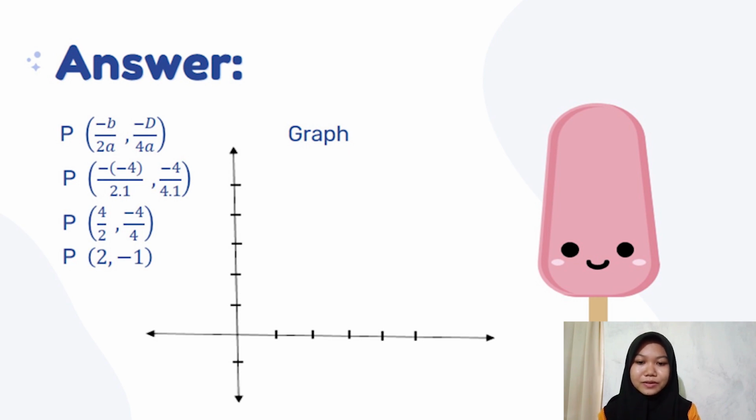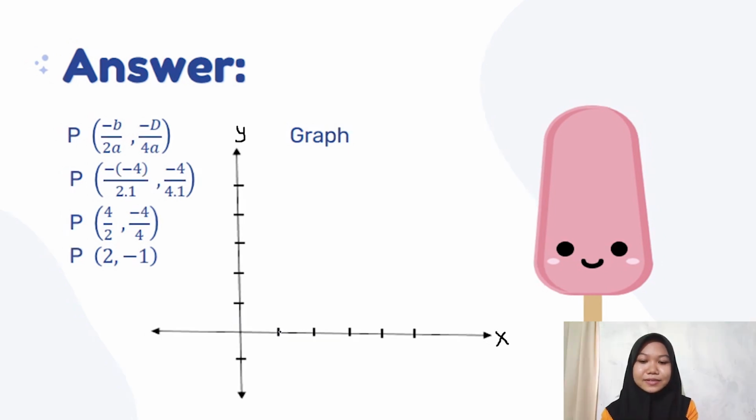Well, because we have determined the x-intercept, the y-intercept, and the vertex of x squared minus 4x plus 3, then we graph it and find out whether the graph of the function intersects the x-axis, touches the x-axis, or does not intersect the x-axis. Pay attention to the points we got earlier.